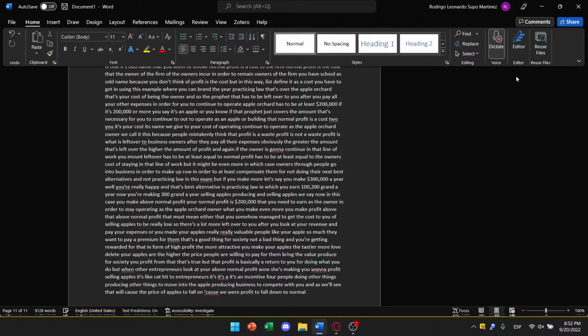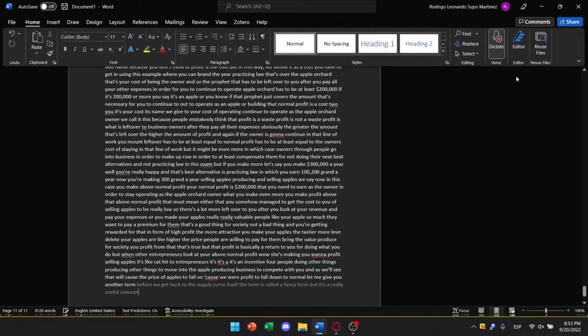Let me give you another term before we get back to the supply curve itself. It's a fancy term, but the concept is very useful. It's called residual claimant. Residual, R-E-S-I-D-U-A-L, claimant, C-L-A-I-M-A-N-T.